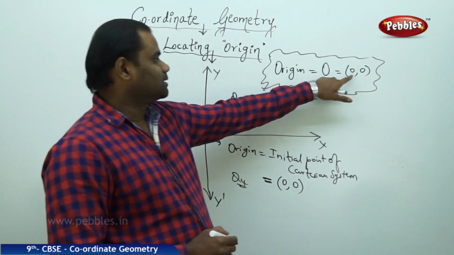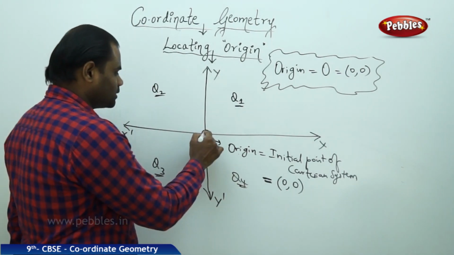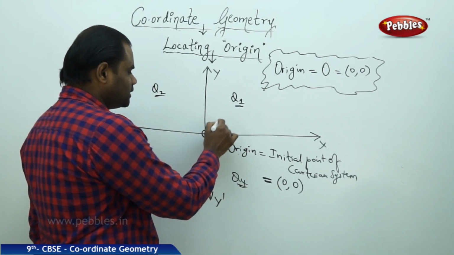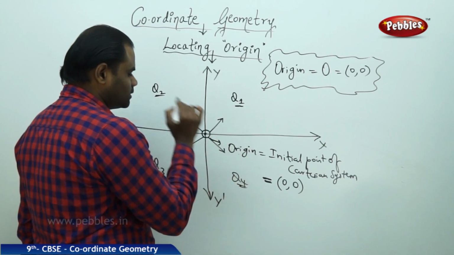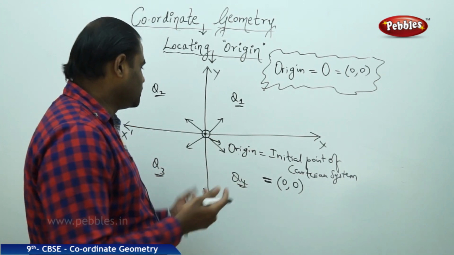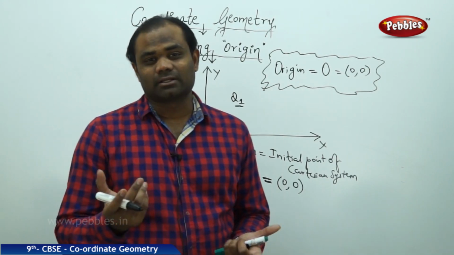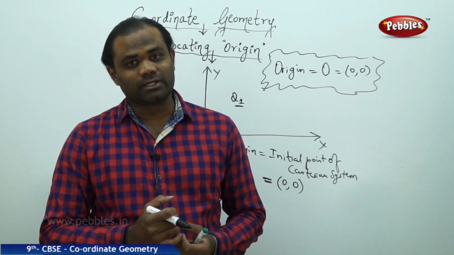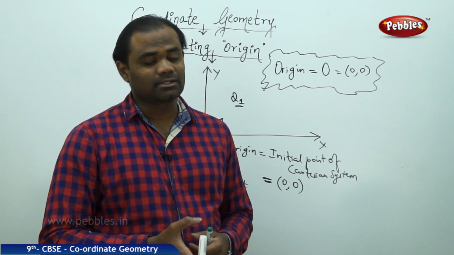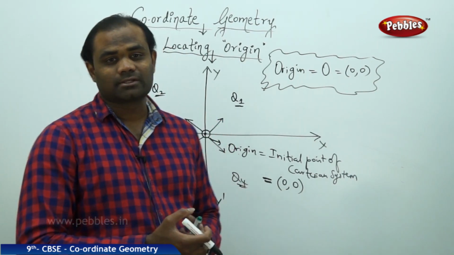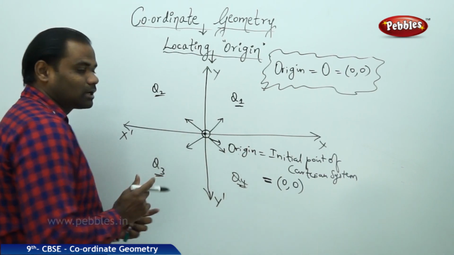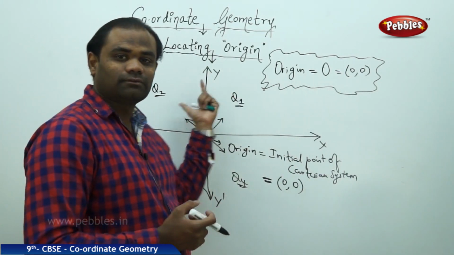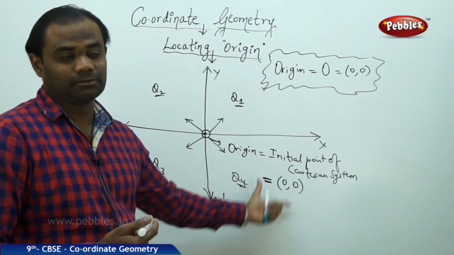As we see that it is in its initial position, it is said to be neither in this region, nor in this region, nor in this, nor in this. Sometimes we assume that the origin lies in all 4 quadrants, or sometimes we say the origin doesn't lie in any of the quadrants. Because it is an initial position, we don't count the origin in any of the 4 regions as subdivided here.